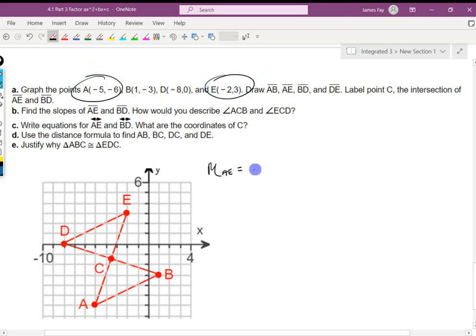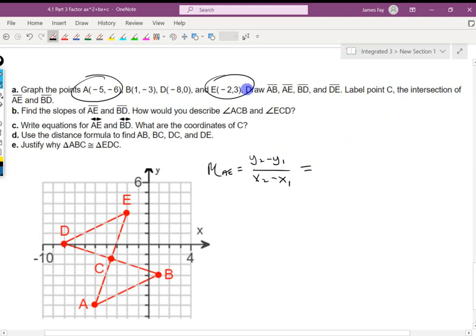So all I got to do, remember, slope is y2 minus y1 over x2 minus x1. Now I'm going to be thoughtful of this because I also know that part D is asking me to find distance. So if I'm finding slope, then a quick analysis of the slope can get me my distance.